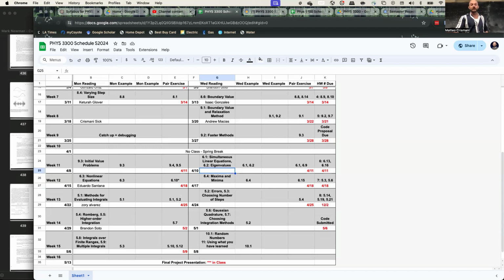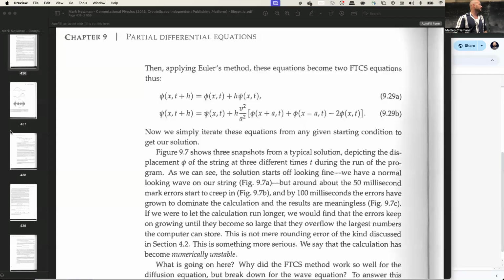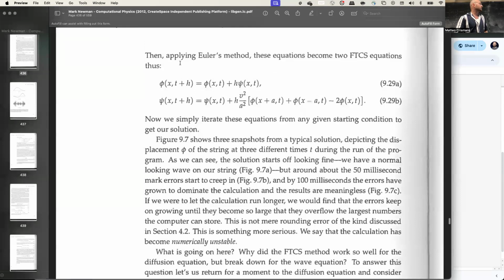So we were working on 9.5, and let's just bring us back to what that meant. We were solving these two forward time-centered space equations for the wave. So we had a wave on a string, and on the right-hand side, we are just updating these values. You had phi and psi, and these were arrays.